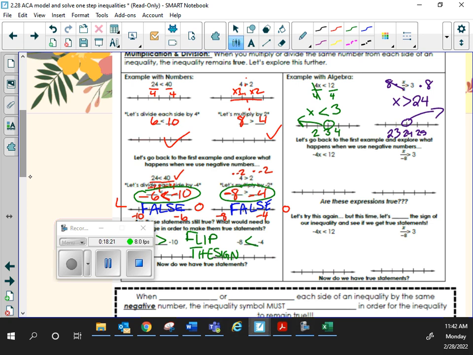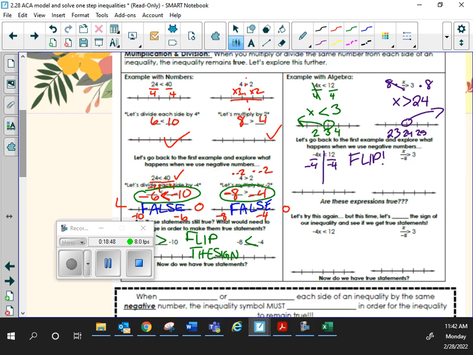Okay? Again, what's happening to x? Very good. Multiplication. I need to undo it with division. But alert, what's happening? I'm going to divide by -4. So whenever I divide by a negative, what do I need to do? Flip. Okay? If you need to write it off to the side so you remember.